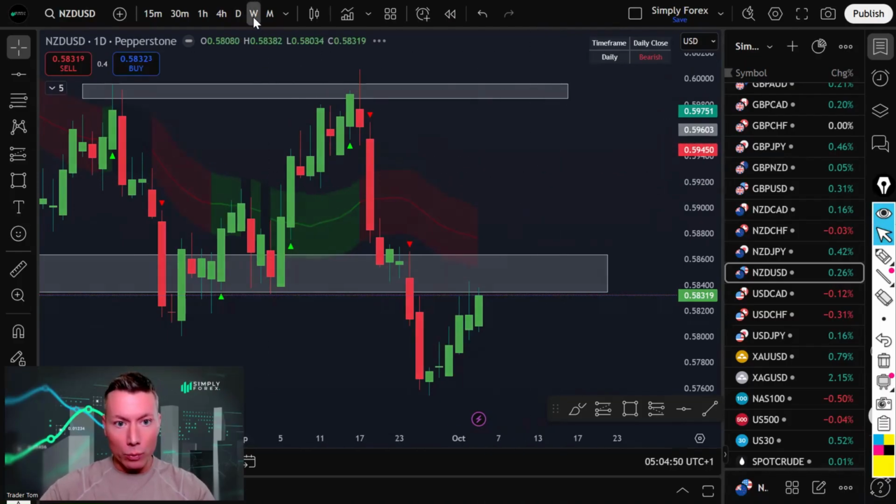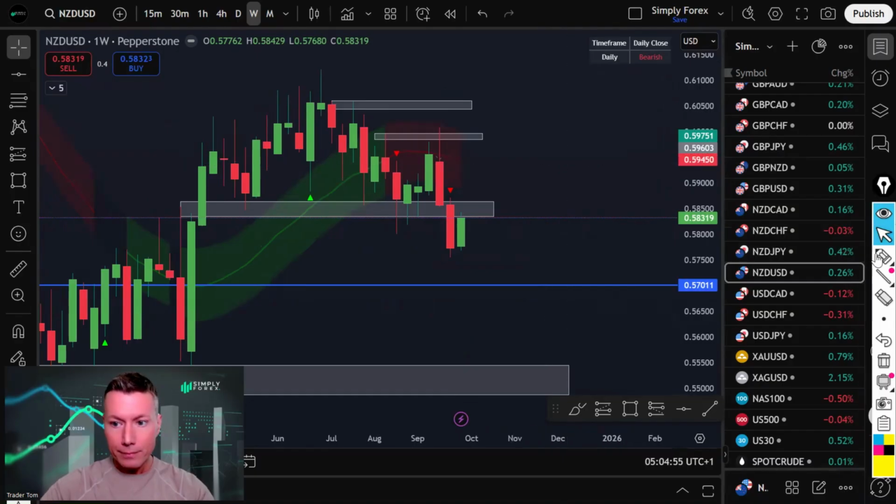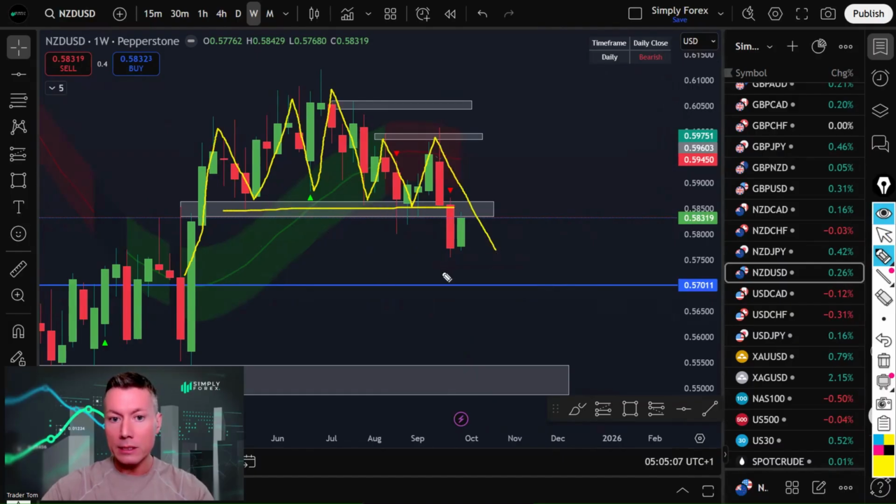Now let's start with the weekly, because as you know, I do a top-down approach. And unlike Euro US dollar, which was in a weekly uptrend, this you can see has clearly broken down. It broke this key support level in here. We had this big bearish candle last week.